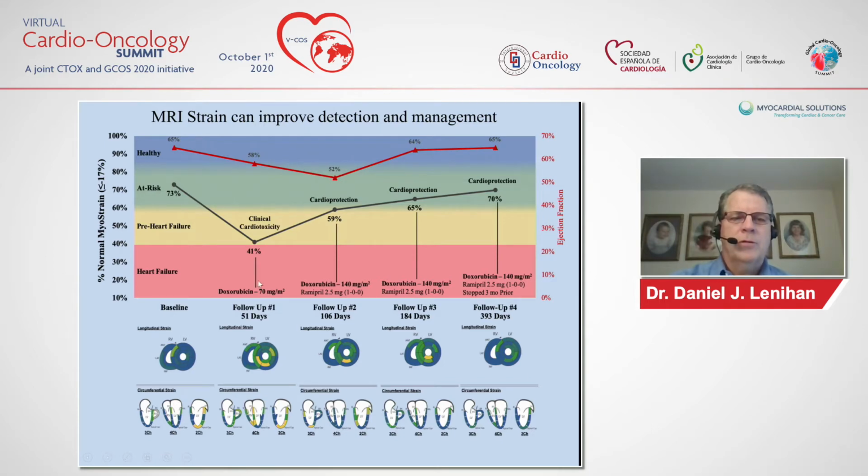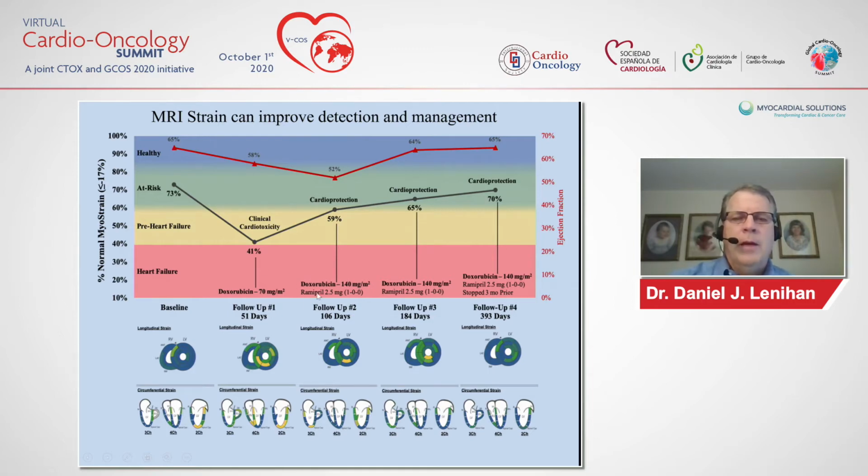After doxorubicin-based chemotherapy, you can see there's a substantial drop in the percent of normal segments, and those are represented in this figure as yellow or green as opposed to blue, which is normal.